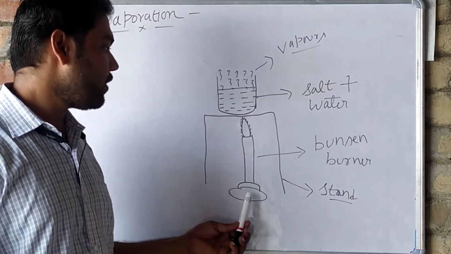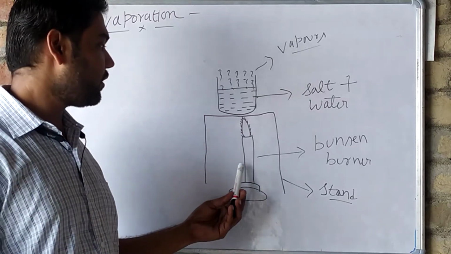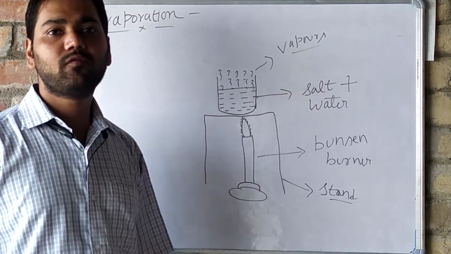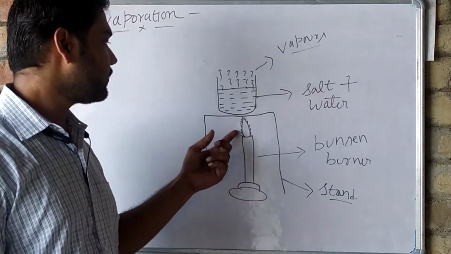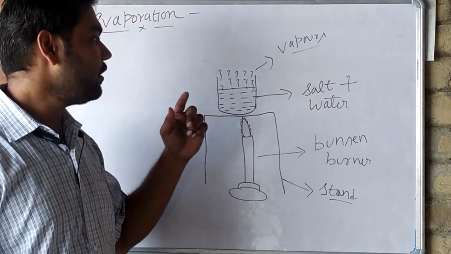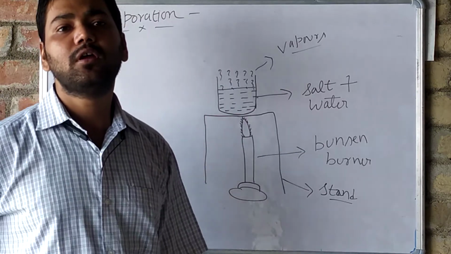Now we have placed a Bunsen burner, which has a flame on it. It can be lit, and because of its lighting it heats the solution.